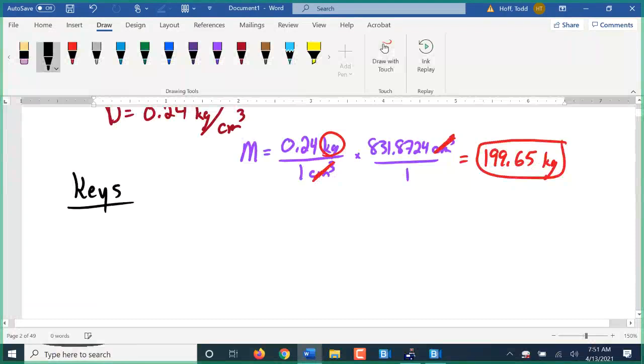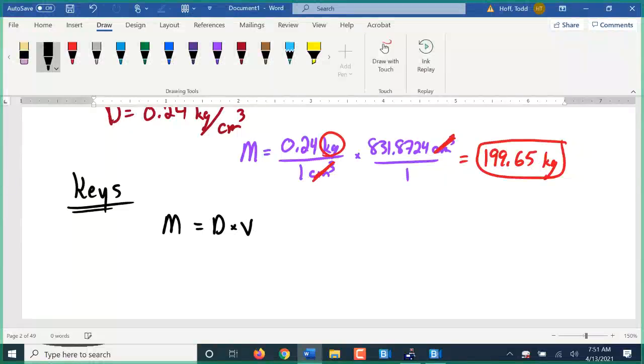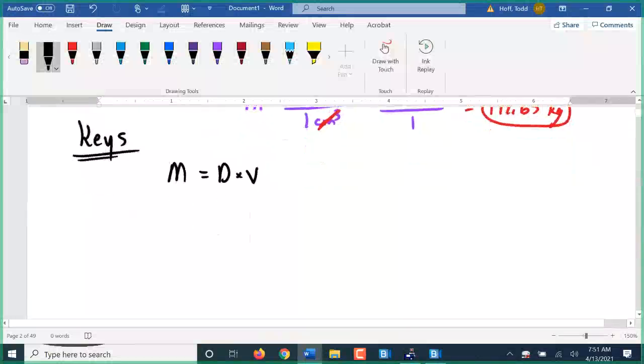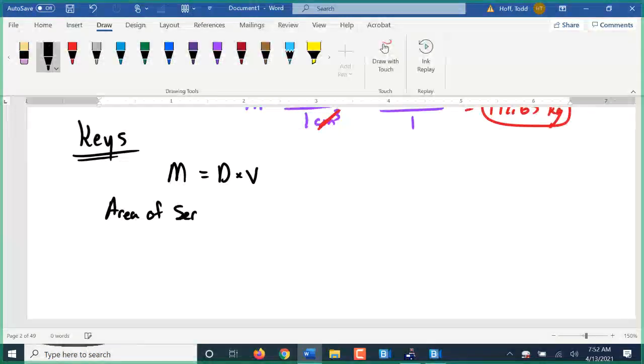So, the key concepts that we have to remember for a problem like this. The first one is simply that formula: mass is density times volume. The second big formula is that the area of a segment is the area of the whole sector minus the area of the triangle.